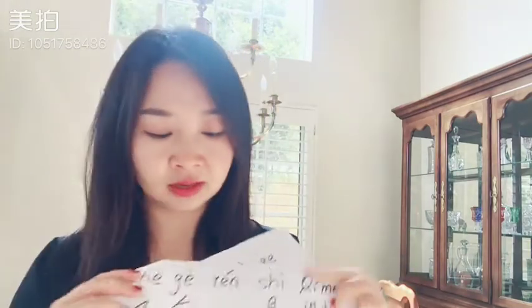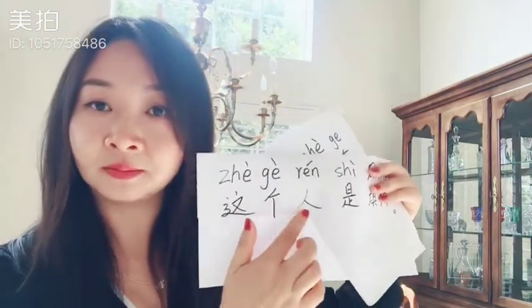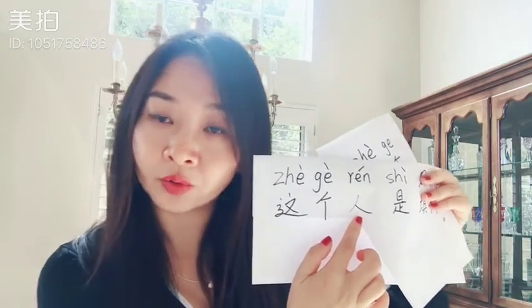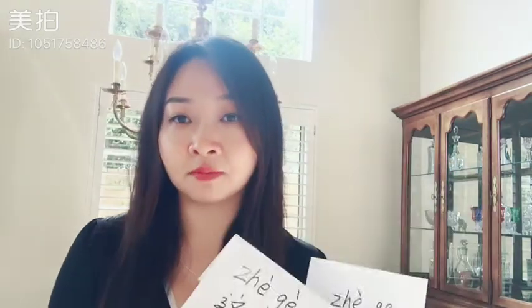For example, you say 这个人. 人 means person. So 这个人 means this person, or 这个钱包 means this wallet. So you are talking about a specific thing.